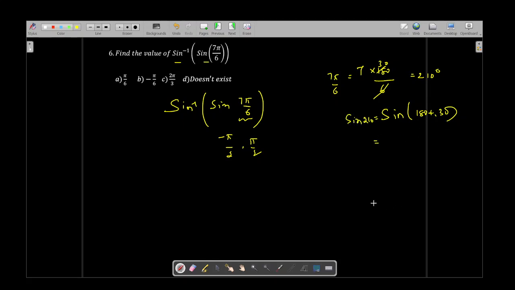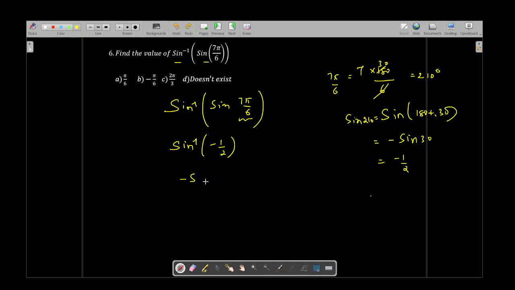So sine of 180 plus theta comes in the third quadrant, so this will be negative. So negative sine 30, you get negative half. So sine 7 pi by 6 is actually negative half. So sine inverse of minus x is always minus sine inverse of x. We have seen in the previous video.